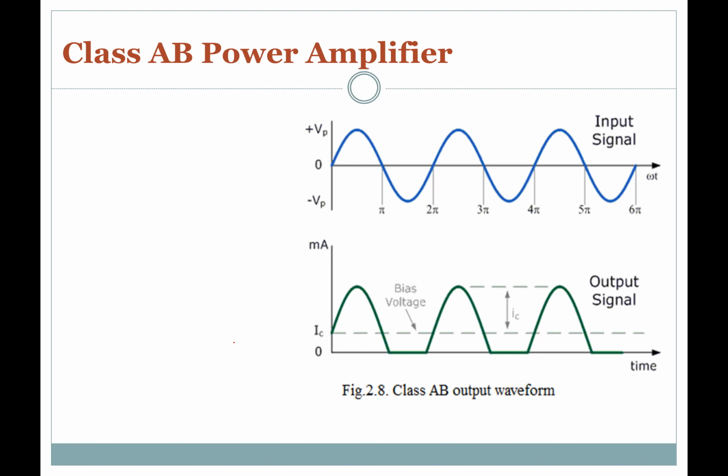So for class AB operation, the output signal swing occurs between 180 degrees and 380 degrees. And in this case, it's neither a class A nor a class B operation.